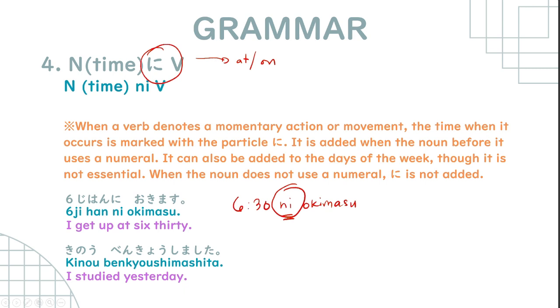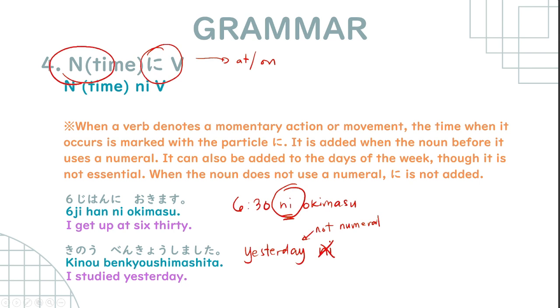But if we use kino, which is yesterday, we don't add ni because it's not a numeral. So ni is only used when the noun is a numeral.